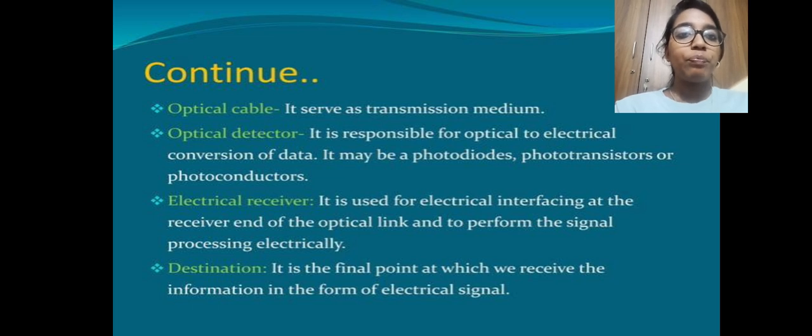Electrical receiver: it is used for electrical interface at the receiver end of the optical link and to perform the signal processing electrically. Destination: it is the final point at which we receive the information in the form of electrical signal.